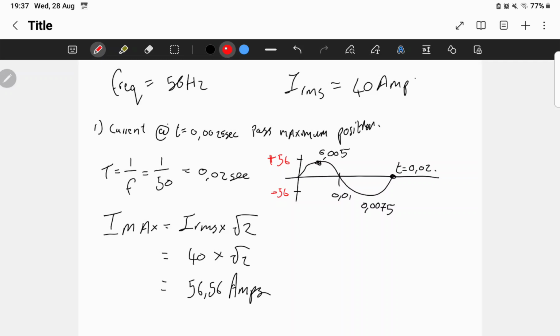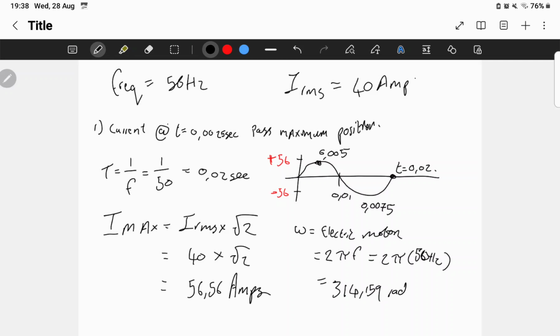Okay, now that we have found our answer over there, what we're going to do is find the angular frequency. We know that AC current is from an electric motor, so that's why we have to calculate the angular frequency, which is equal to 2 pi times the frequency. So we have 2 pi multiplied by the frequency of 50 hertz, and we have an answer of 314,159 radians per second.